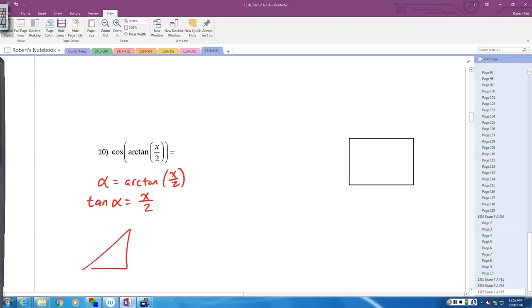We can make a right triangle. And this is alpha. The opposite over adjacent is going to be x over 2. If I'm going to find cosine of alpha, I'm looking for the adjacent over the hypotenuse. So what is the hypotenuse here? The square root of x squared plus 2 squared.